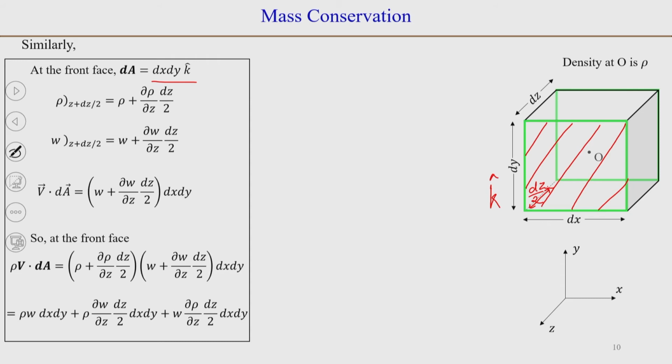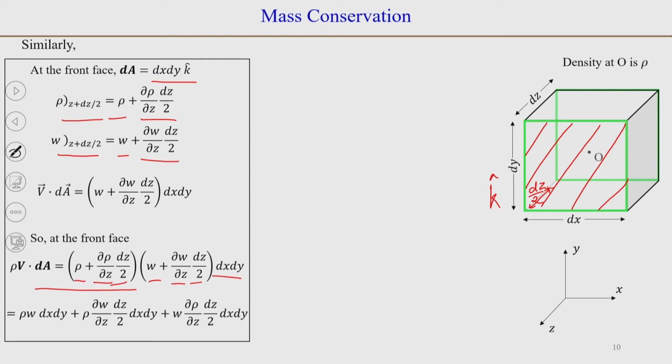It is in the positive z direction. So, rho at this face will be rho plus ∂rho/∂z into dz by 2. Same for w plus ∂w/∂z dz by 2, and we can combine all this together. So, we will have rho plus ∂rho/∂z dz by 2, w plus ∂w/∂z dz by 2, dx dy.